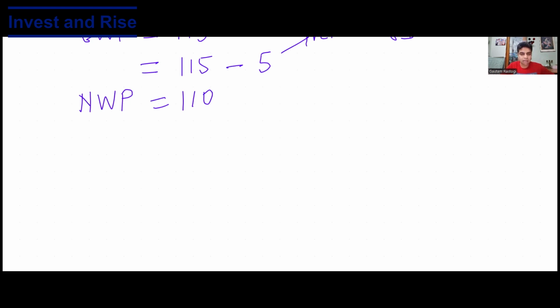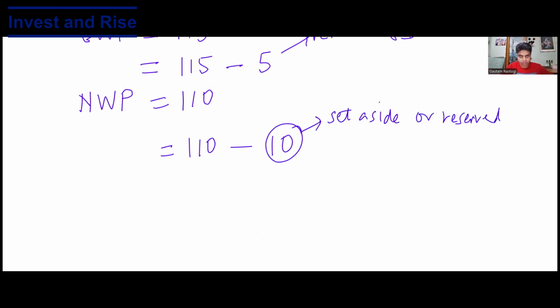Let's say from this 110, they set aside rupees 10. This is set aside or reserved to cover future claim payments. So what they're left with is 100.